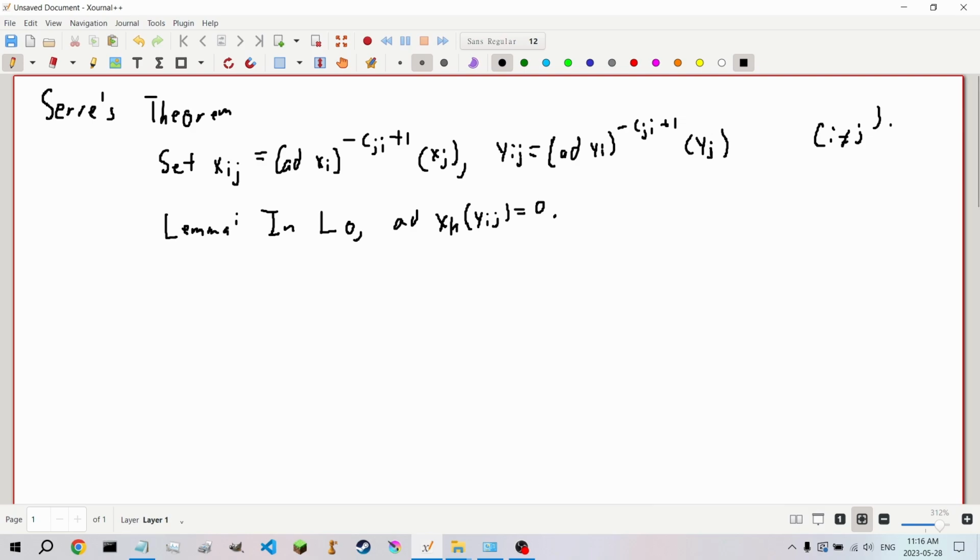The proof. First case is the index of our k doesn't match the left index of our y, in which case our second restriction gives us that the bracket of xk and yi equals 0.